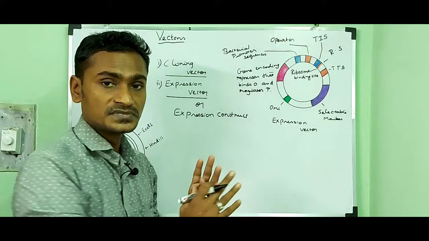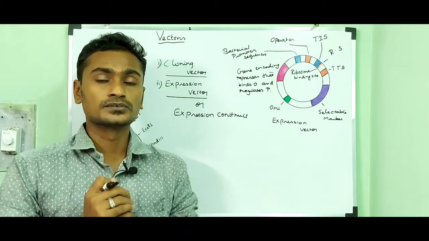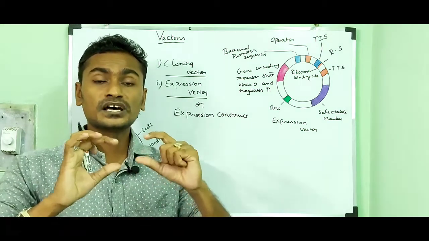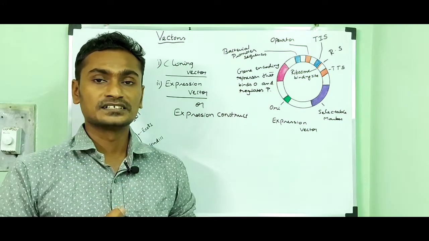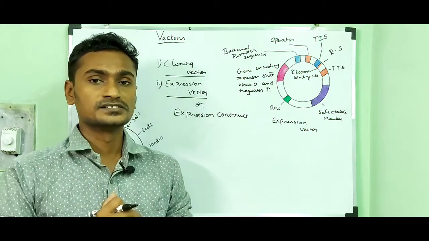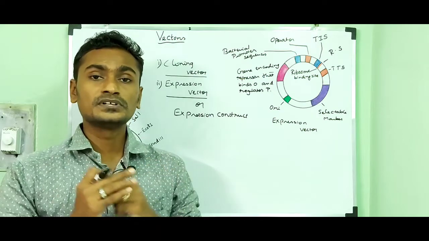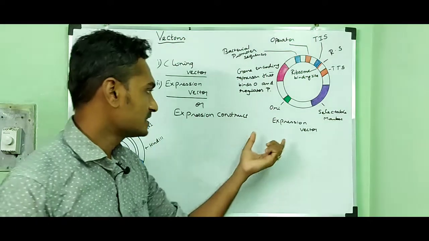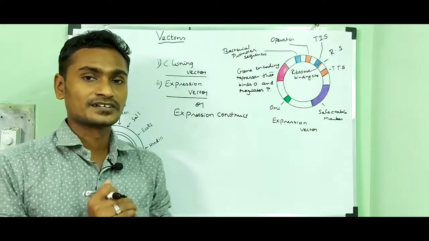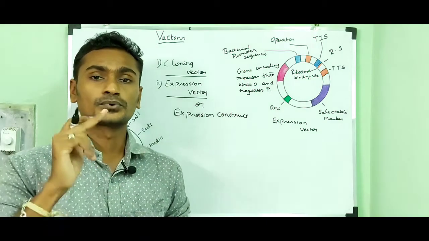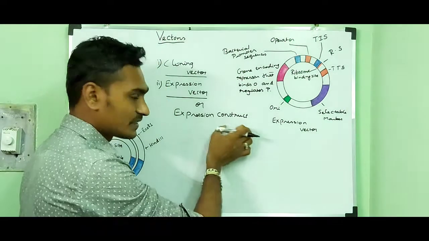Gene of interest is nothing but a DNA molecule. This construction commands the gene of interest to produce a protein molecule by the process of transcription and translation. That is called central dogma of molecular biology. That type of vector is called expression vector. It is expressed by the production of protein. That is why it is called expression vector or expression construct.